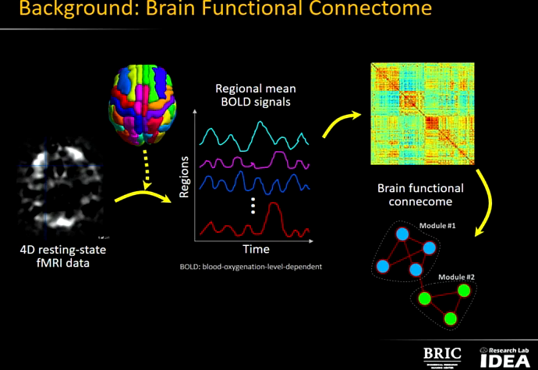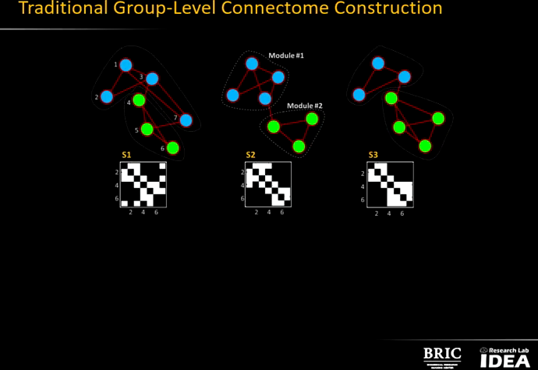Here is a very simple example. You can see the functional connectivity within the modules is more dense, and the functional connectivity between the modules is more sparse. Each module represents a specific brain function, so it's very important to investigate the module development in very early life, for example, from neonate to 1-year-old and to 2-year-old.